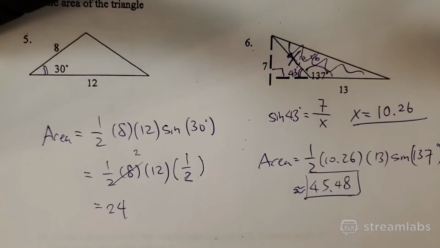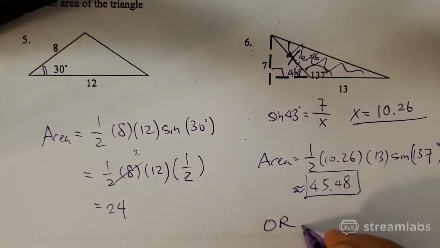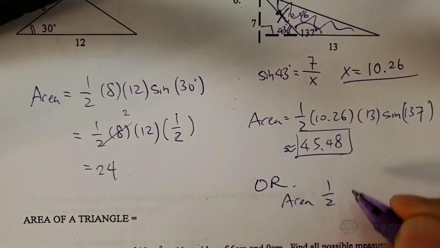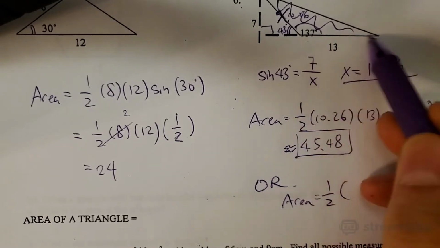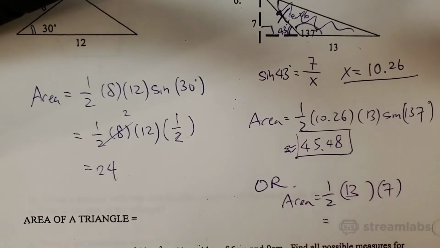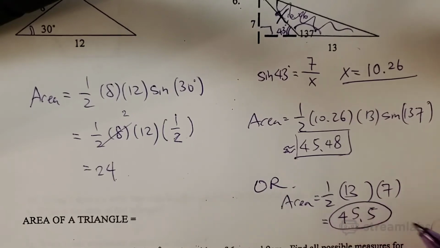So what would be an easier way to do this? Yeah, look, you have base, which is 13, right? So area is 1/2 base times height, right? So 1/2 base is 13, not the whole thing, okay, just 13 times height, which is actually 45.5. That's the exact value, actually.